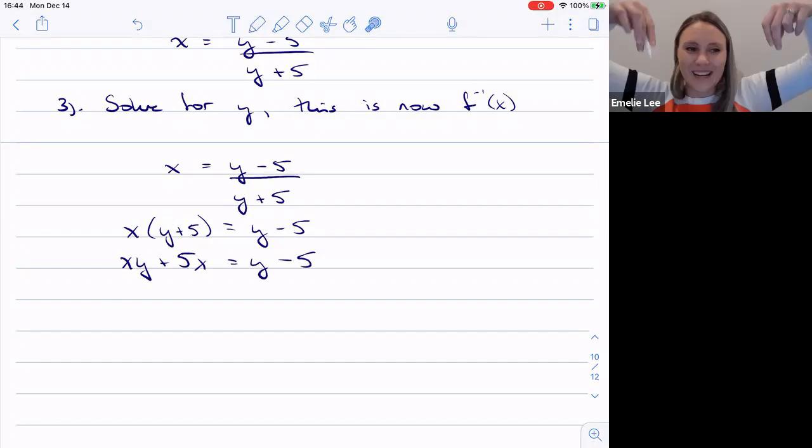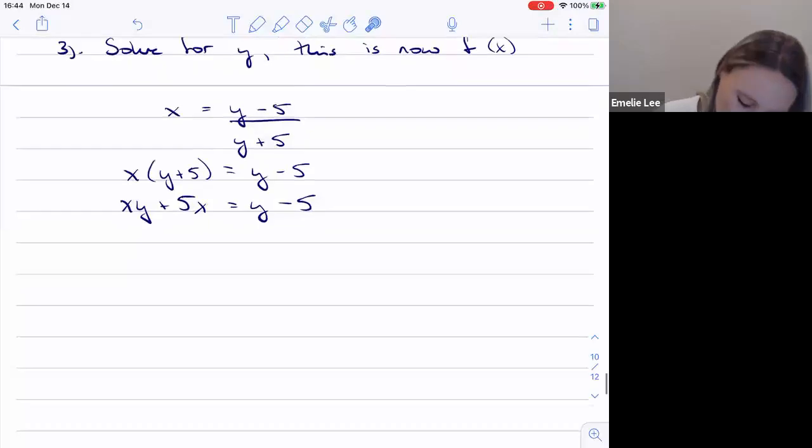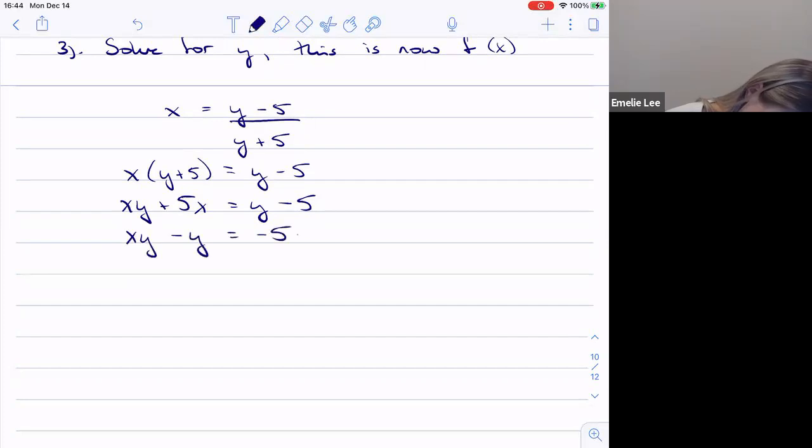Now in kind of a fast move here, I'm going to move the y over to the left-hand side and the 5x to the right-hand side. So I get xy minus y is negative 5 minus 5x.